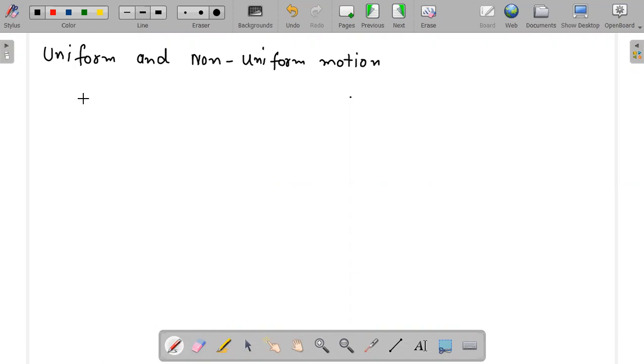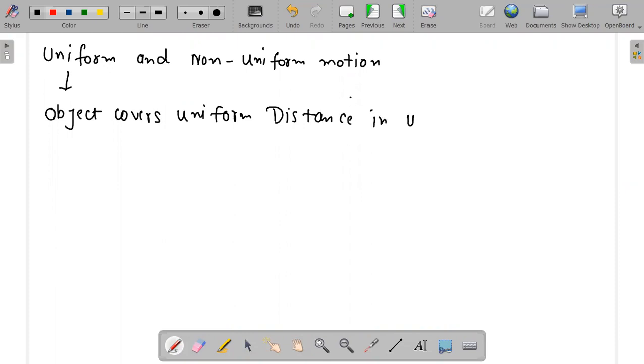When any object travels any distance in equal interval of time. So when any object covers uniform distance in uniform time, this is known as uniform motion.